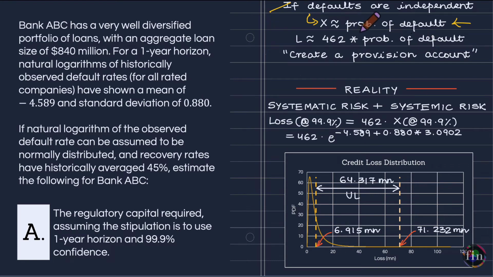If one borrower were to default, then its business partners will also feel the brunt of the default of that defaulted borrower, and there is a high tendency that the business partners of a defaulted borrower will also default. Okay, and that is what we refer to as systemic risk. So in reality, because we have systematic risk and systemic risk, this assumption of independent defaults is not defendable.